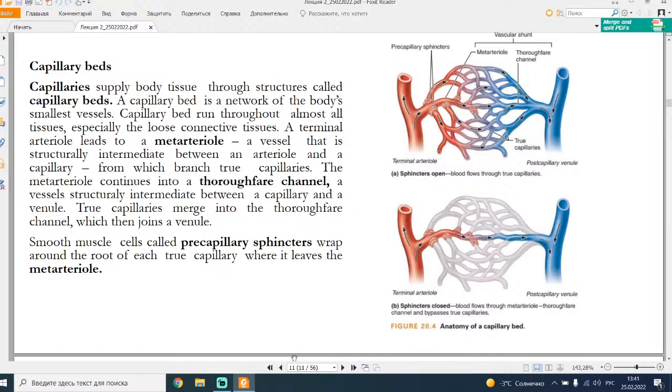Smooth muscle cells called precapillary sphincters wrap around the root of the true capillary, where it leaves the meta-arteriole. This is capillaries, this is meta-arteriole. What this is, you see, precapillary sphincter.